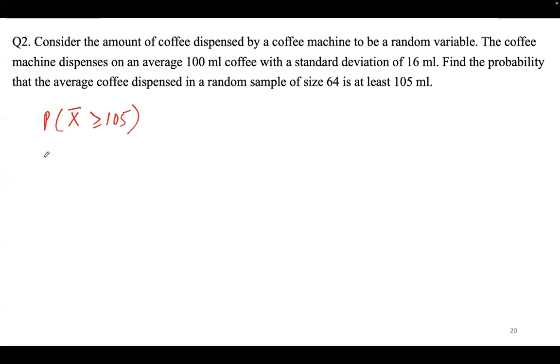So now what we can do is, since we would like to convert this into a continuous random variable, we would just subtract mu. So what's mu here? Hundred. Correct.